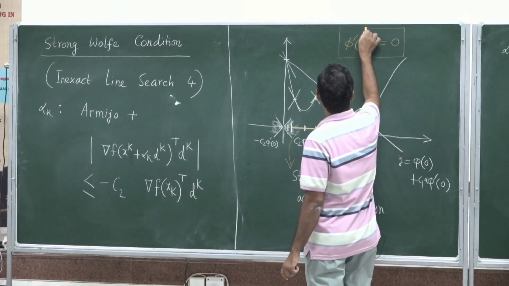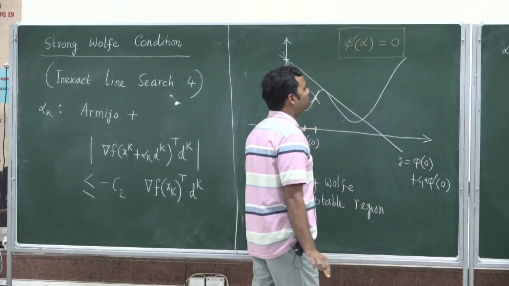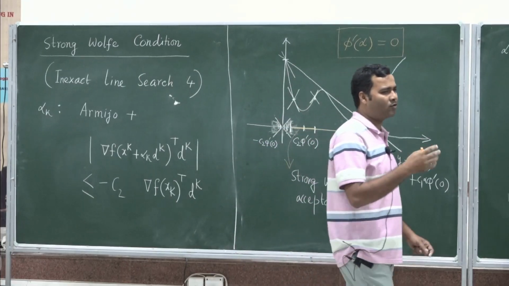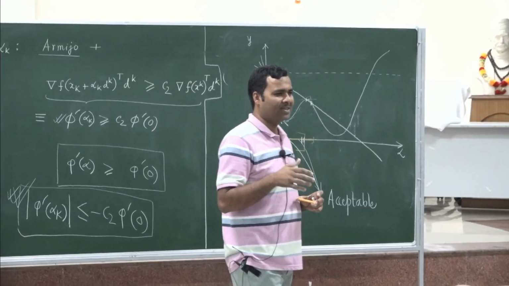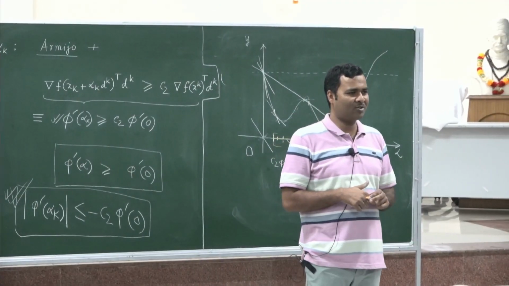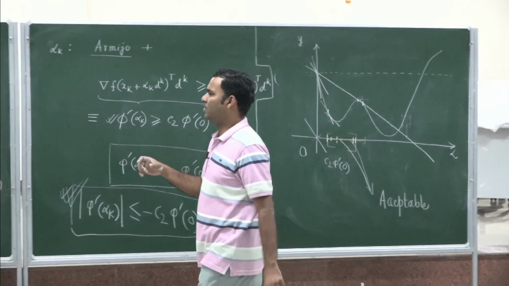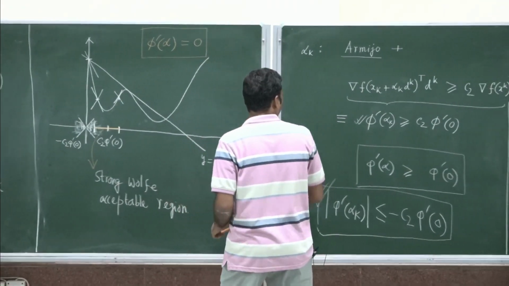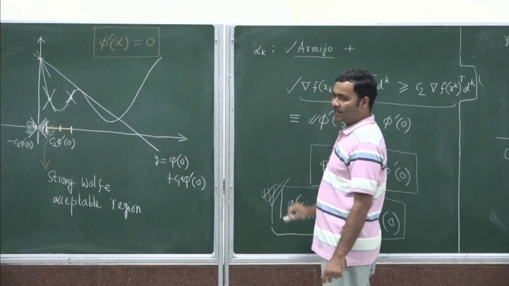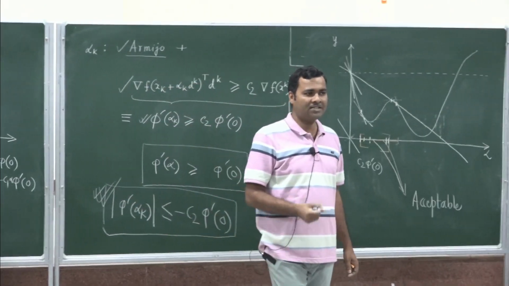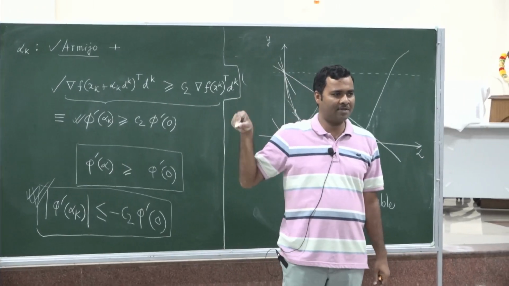And to solve this equation we need to proceed with any of the root finding methods, and a root finding method is an iterative process, so the computational cost is higher. Here there are just two inequalities: choose alpha k that satisfies both of them.